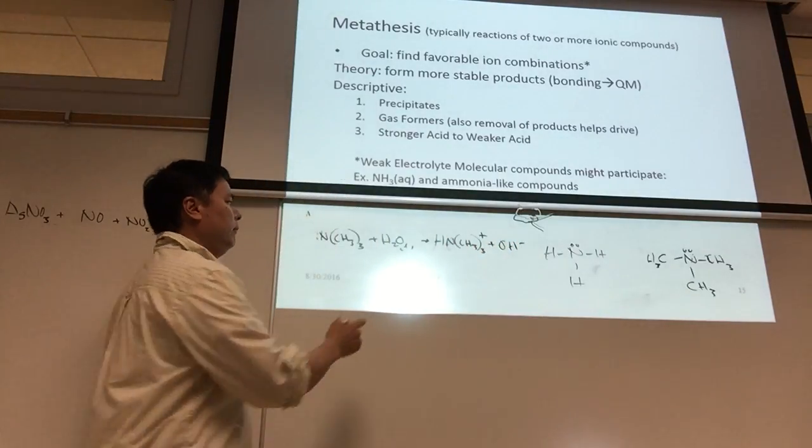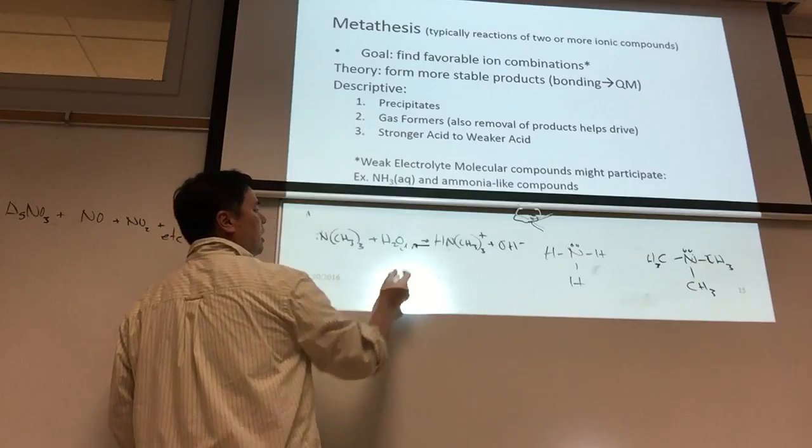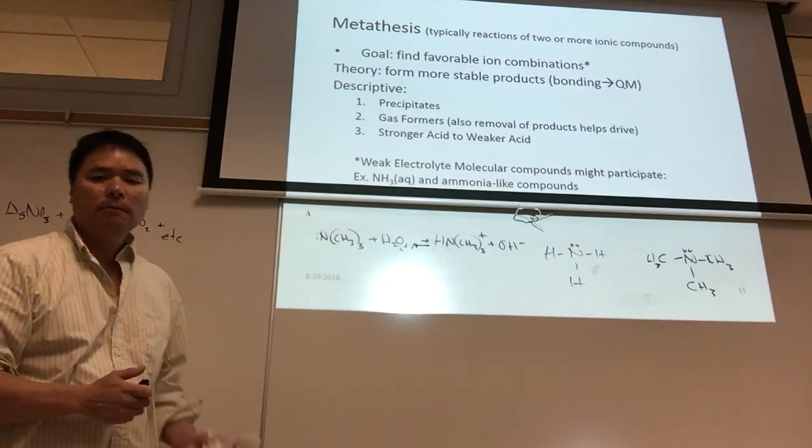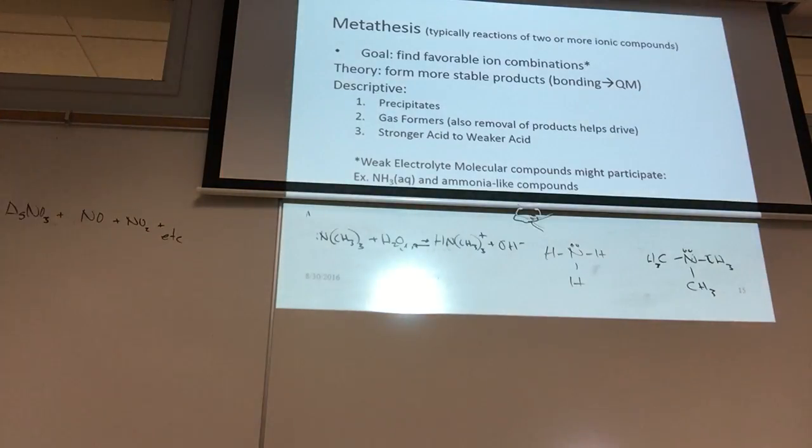Well, it's a weak base, so it's just partially hydrolyzed in water. But weak bases will produce varying amounts of hydroxide depending on the strength. The stronger the weak base, the more hydroxide they produce. The weaker the weak base, the less hydroxide they produce.